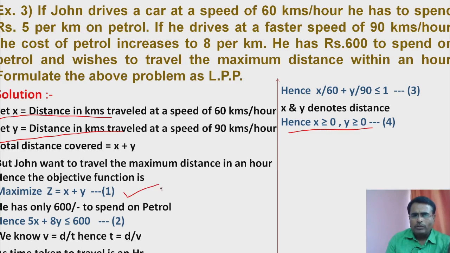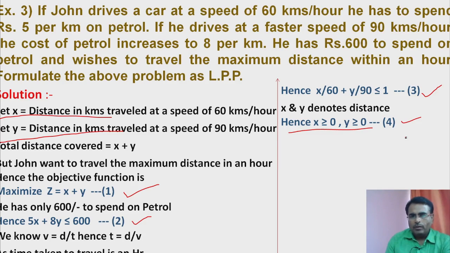So, equation 1 is the objective function. Equations 2 and 3 are nothing but constraints, that is restrictions, and equation 4 is nothing but the non-negativity restriction. Hence, we have the LPP given by equations 1 to 4.